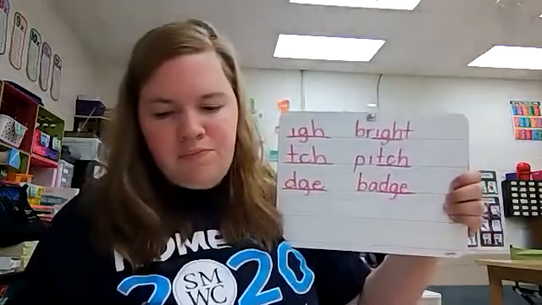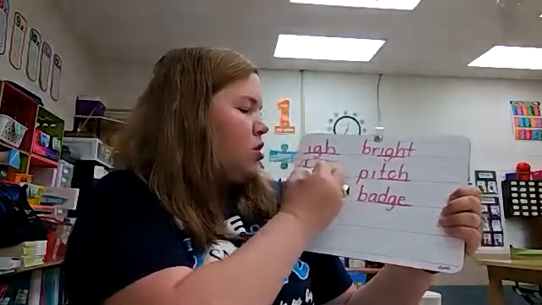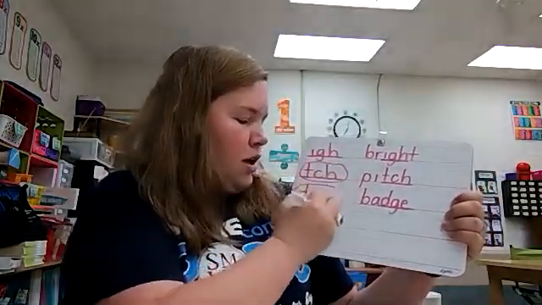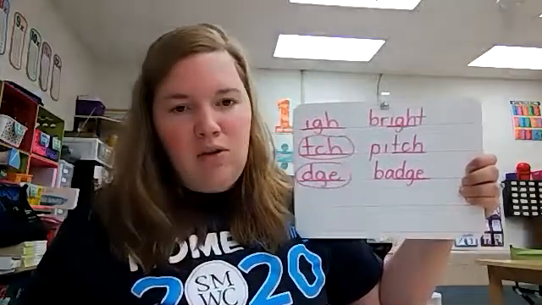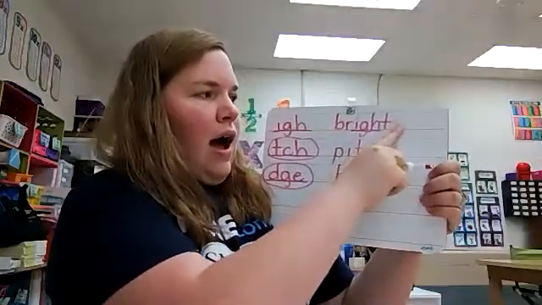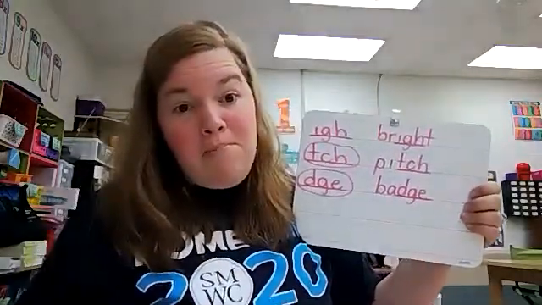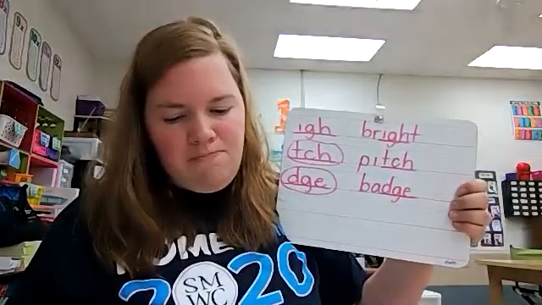Very good. All right, so TCH and DGE are both regular for spelling, and they're usually at the final position, right? The IGH is usually in the middle, in the medial position, okay?